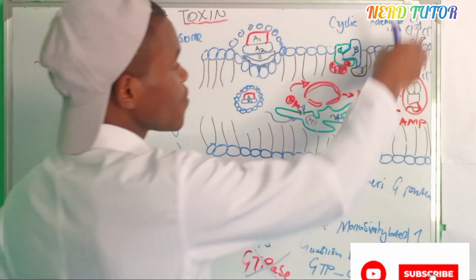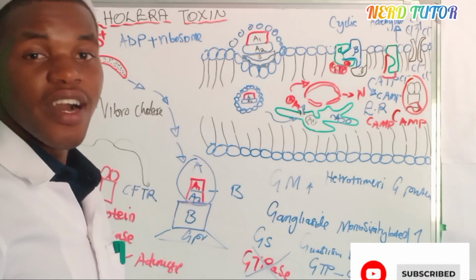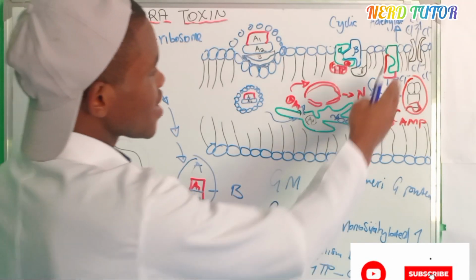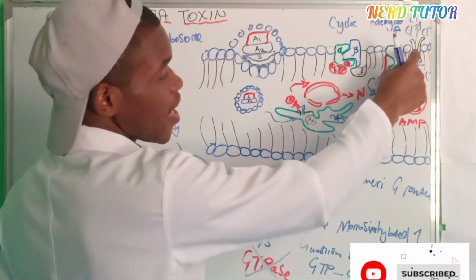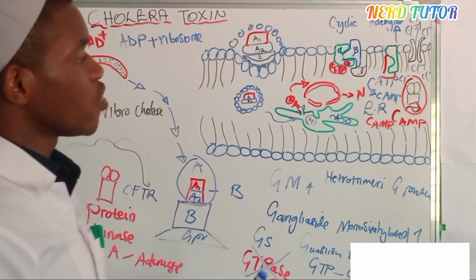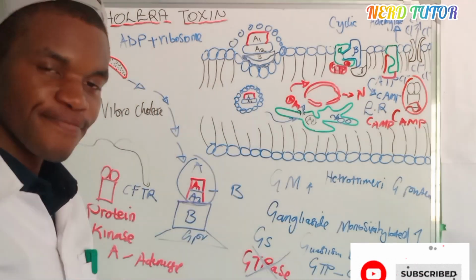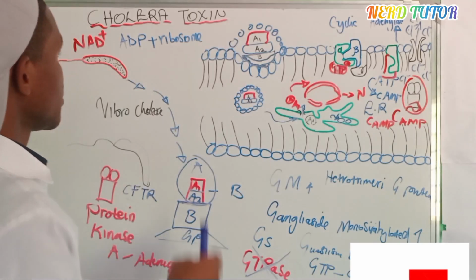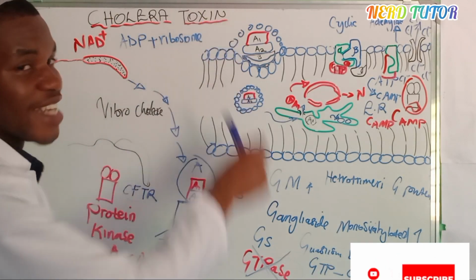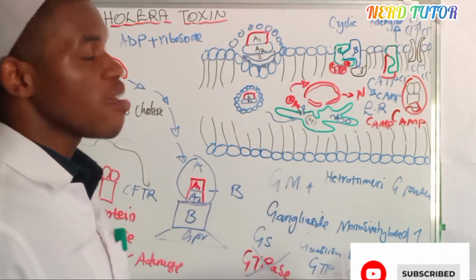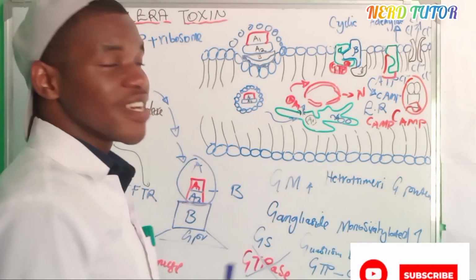And when water is following, it will cause extensive, severe diarrhea. Why? A lot of water is leaving the cell. This is what causes cholera, or this is what the toxin does to the cell whenever it enters the epithelial cells of the small intestine.